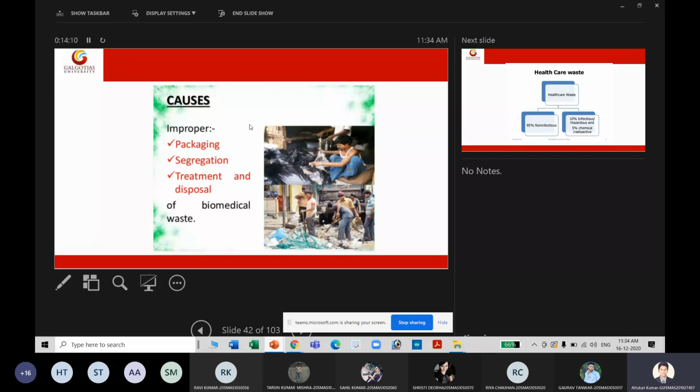These are the major causes of biomedical waste. So write the causes of biomedical waste. Improper packaging, segregation, and treatment and disposal of biomedical waste are the major causes of accumulation of biomedical waste.